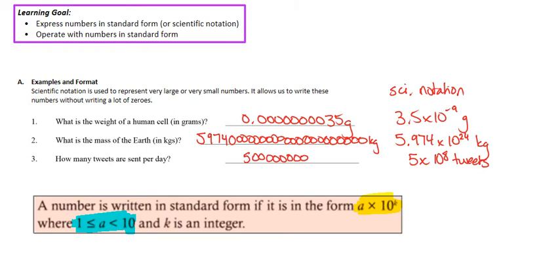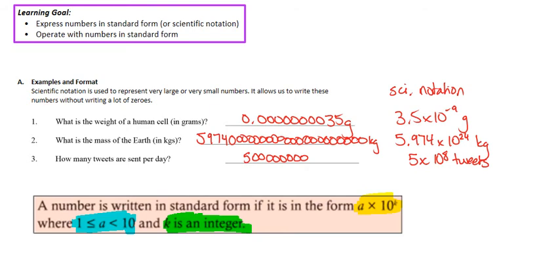The other important feature is that k, or the exponent, must be an integer. So k cannot be a decimal or a fraction. It can be either positive or negative. As you can see in our examples, the first one has a negative exponent, the other two have positive exponents, but it can't be a decimal or a fraction.